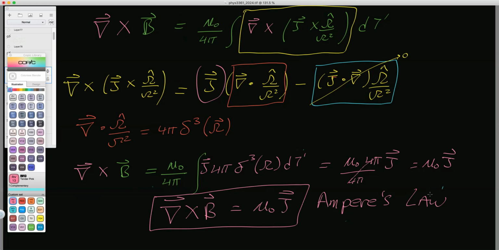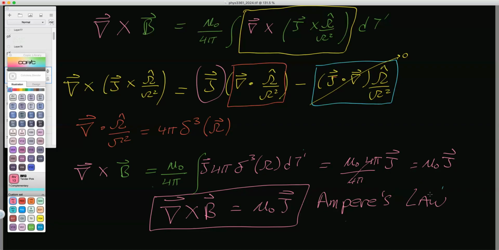If you're thinking about doing problems with Ampere's law, then we have to think a little bit about the mechanics, and we'll do an example of how to do that. I'm trying to think what I want to do.